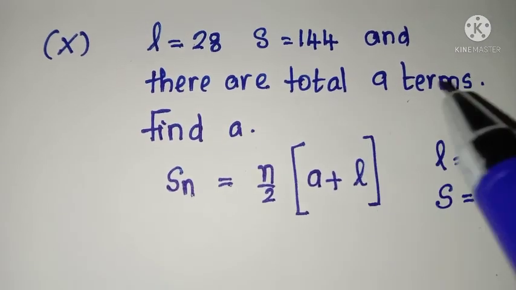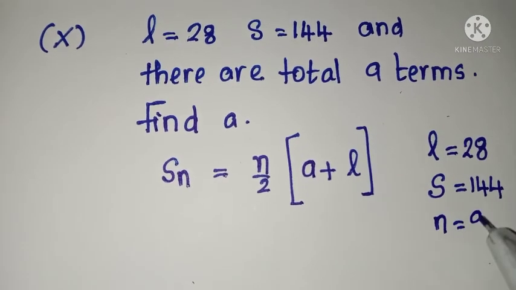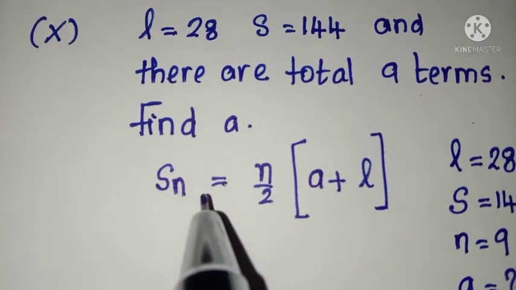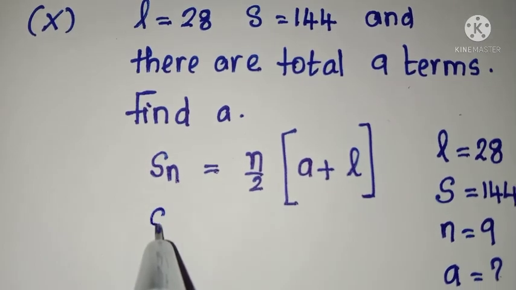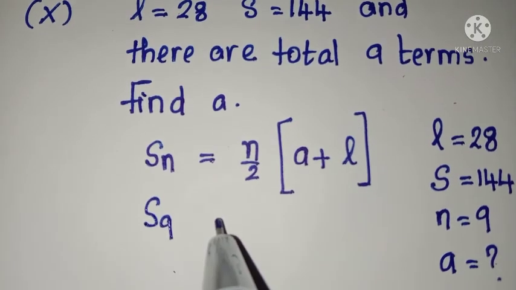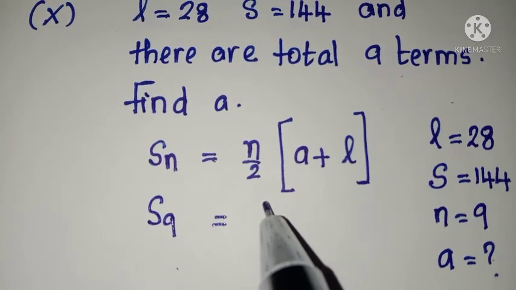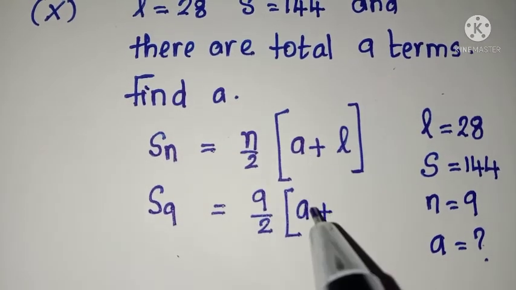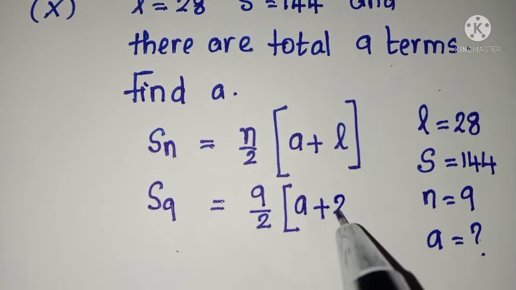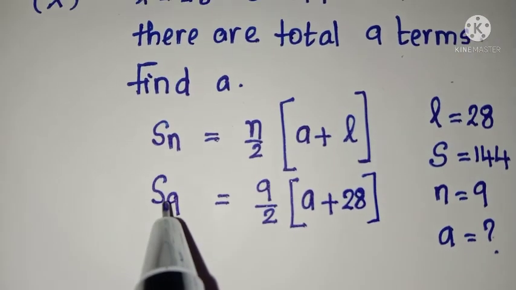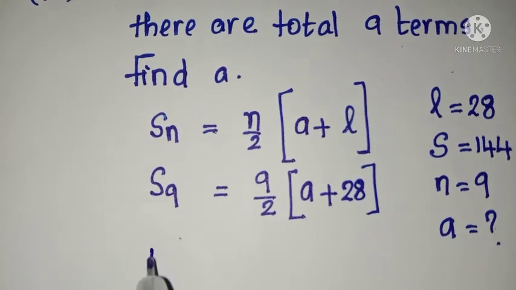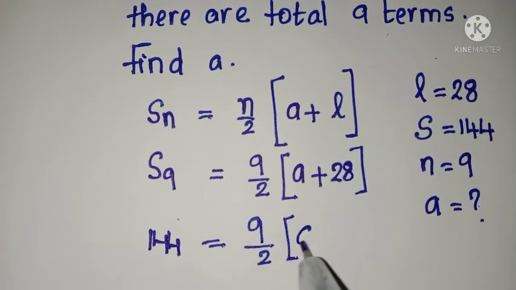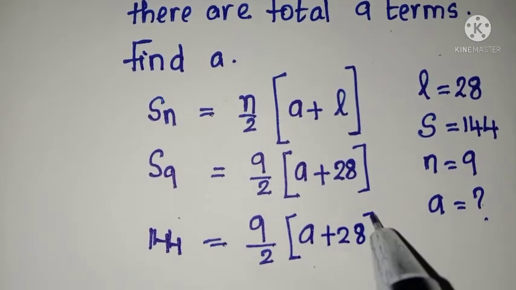There are total 9 terms, meaning n equal to 9, and we want to find the first term a. So S9 equal to 9 by 2 into a plus L. L is 28. S9, that is the sum, is given 144, equal to 9 by 2 into a plus 28.